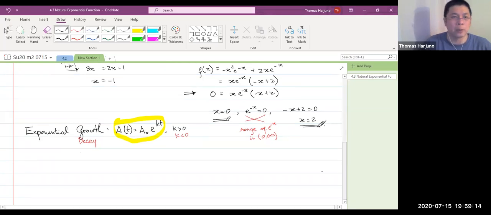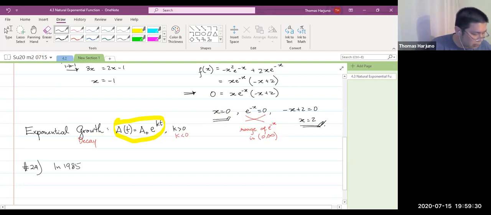Okay, let's see. Suppose, for example, I pick number 24. In 1985, the population estimate of India is 766 million.